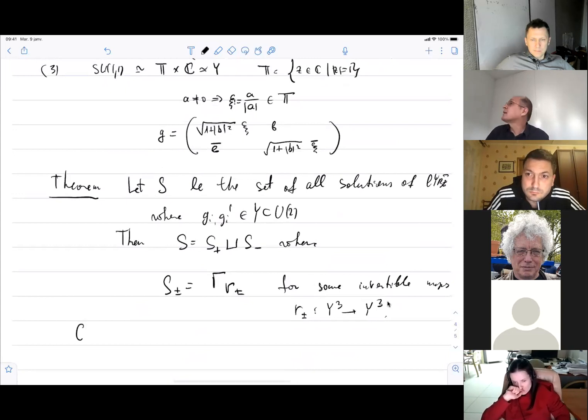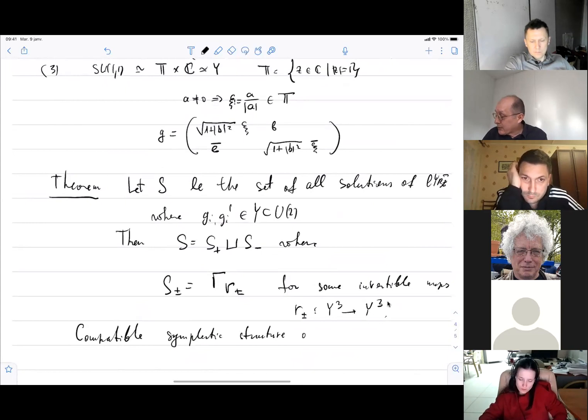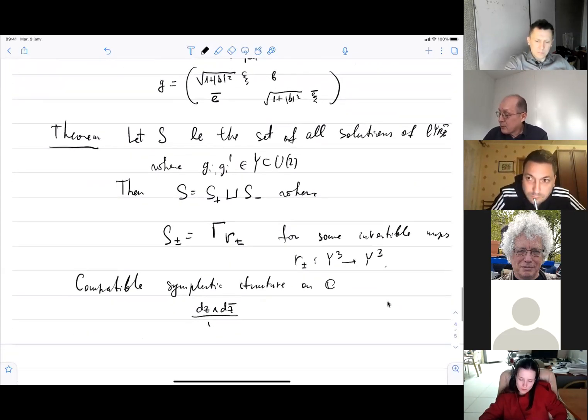And then maybe the final thing I say. The compatible symplectic structure is essentially the same as the symplectic structure on C: dz wedge dz bar divided by 1 plus z z bar.